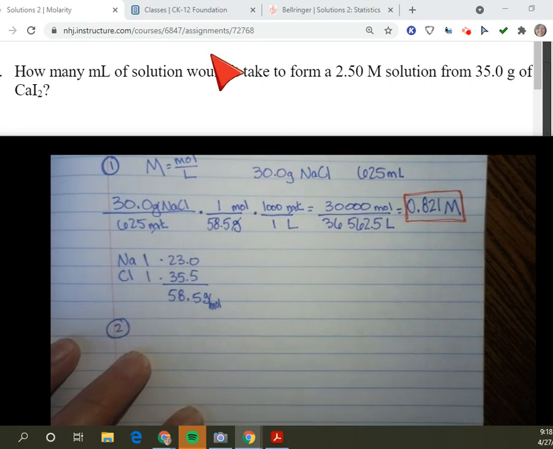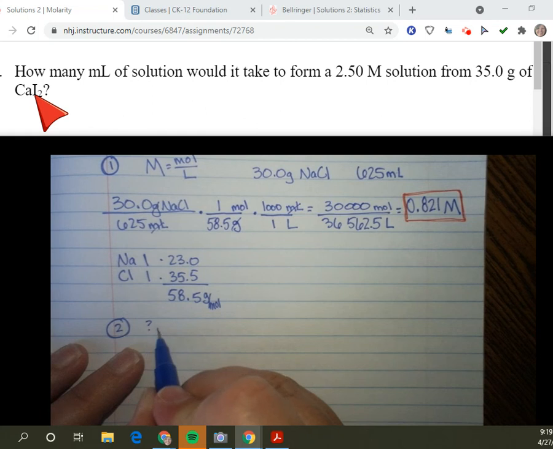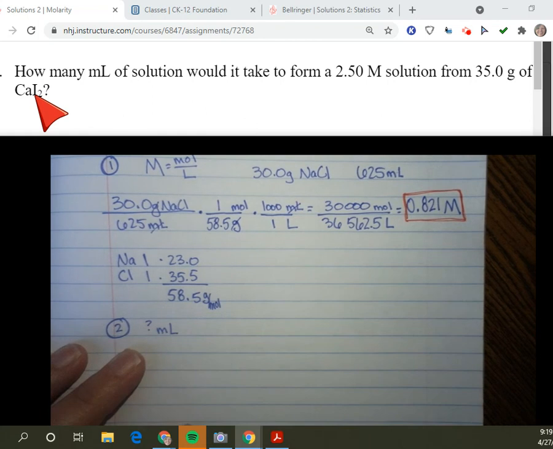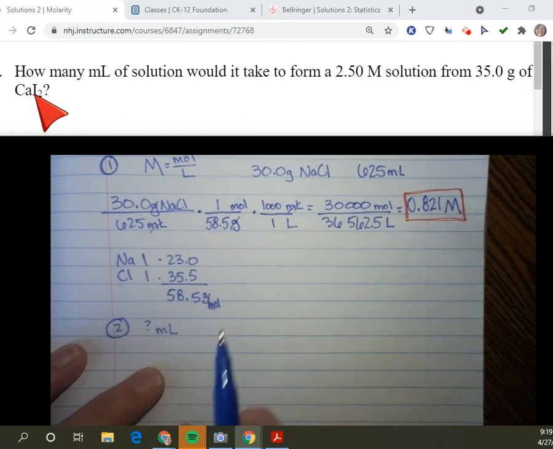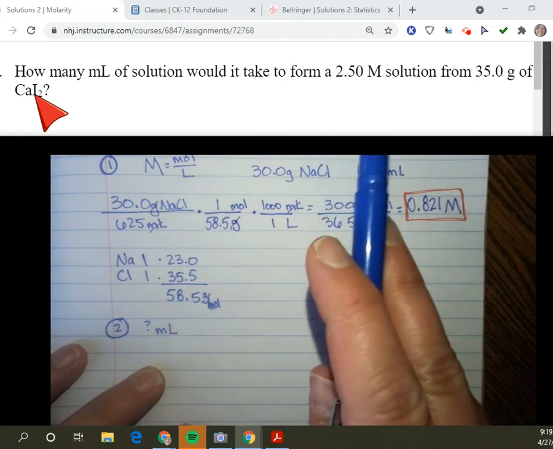All right, how many milliliters of solution would it take to form 2.50 molar solution from 35 grams of calcium iodide? Well, all right, so let's digest the problem. We are asked for milliliters. It says it wants to form a 2.50 molar solution.